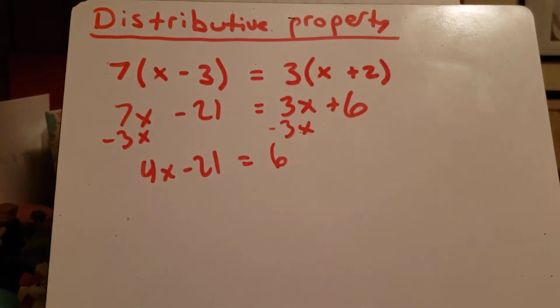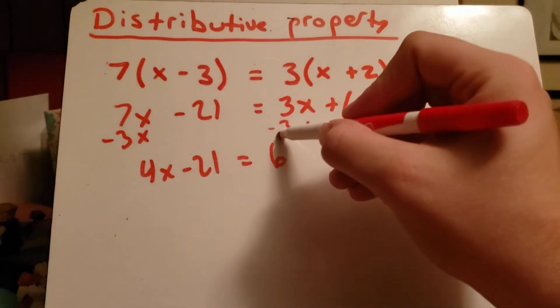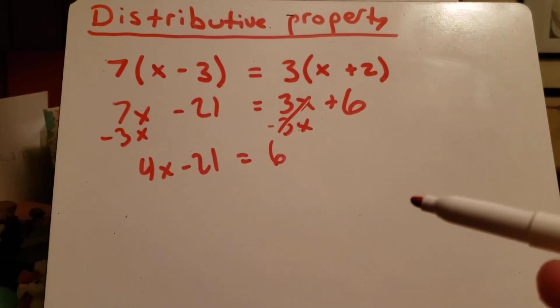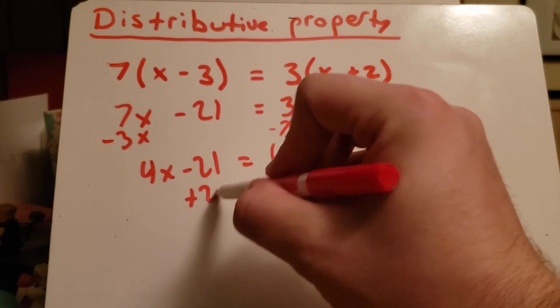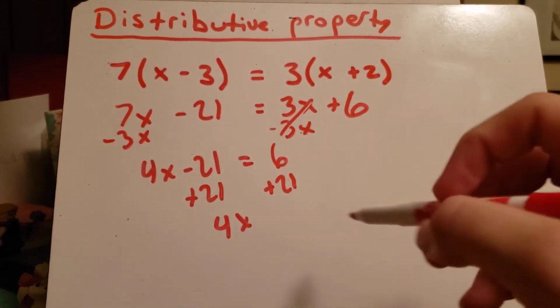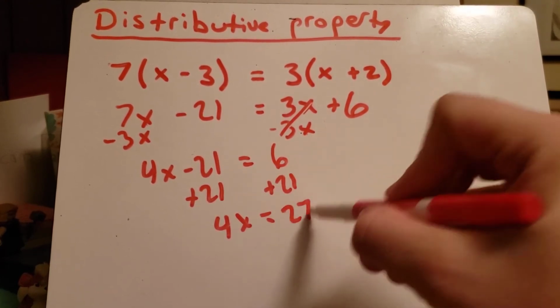So I'm going to do that, and I'm going to get 4x minus 21 is equal to 6 because these 3x's cancel, and I'm left with 4x over here. Now, to do the next thing, I'm going to add 21 over because I want to get x by itself. So I'm going to add 21 over. And I get 4x over here all by itself. And 6 plus 21 is 27.